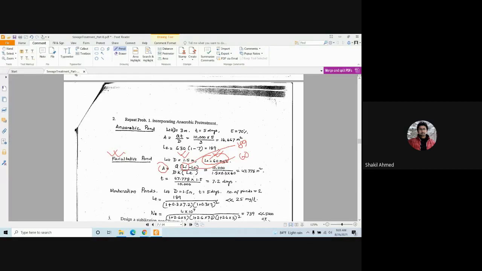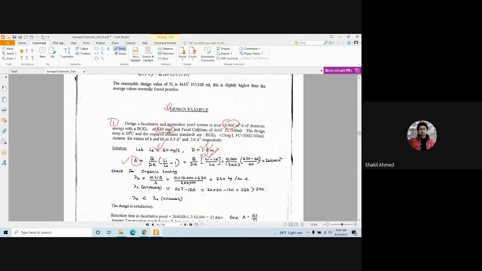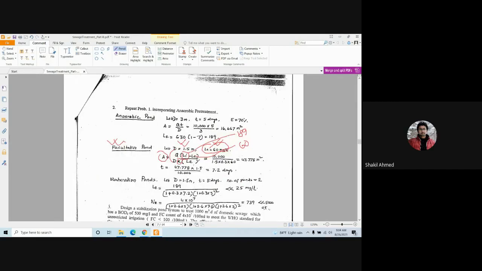D equals 1.5 meter. And this is K, right? K is given, which is 0.3 per day at 20 degrees Celsius. But remember, if the temperature is other than 20 degrees Celsius, then you have to convert this value to that particular temperature. Okay, from here we know all the values. You know Q equals 10,000. So finally you get this.